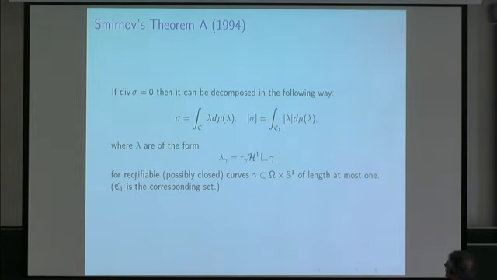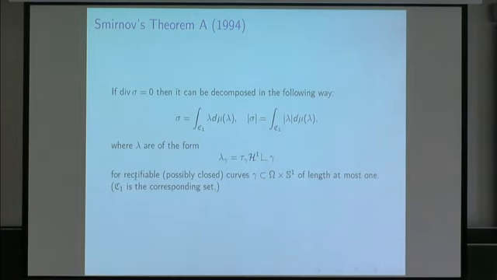He said that if you have any measure with zero divergence, you can see it as a kind of convex combination of measures lambda, which are all of this form here, so which are all one-dimensional measures carried by curves for a particular set of curves.